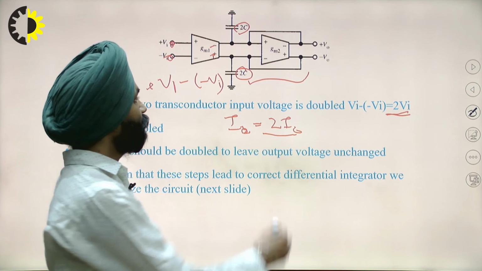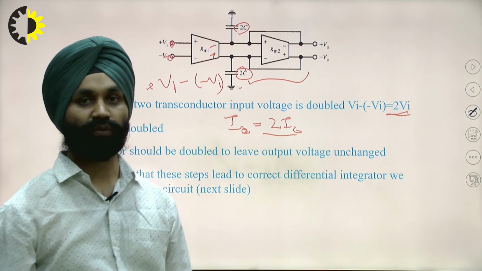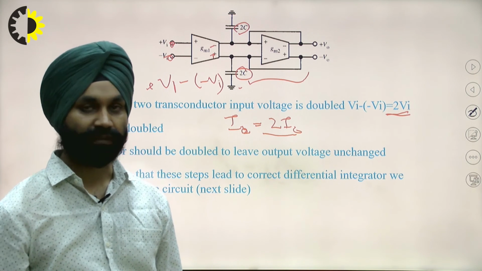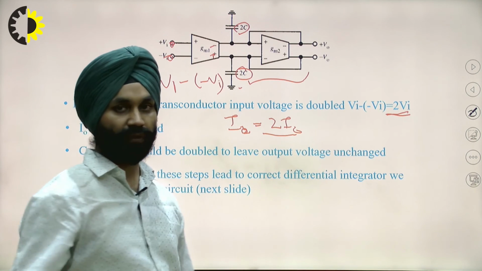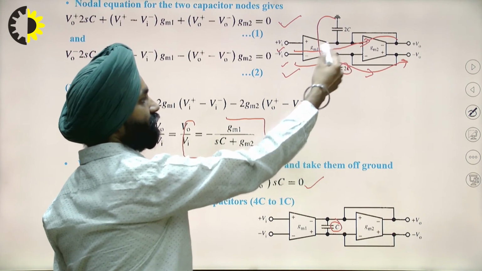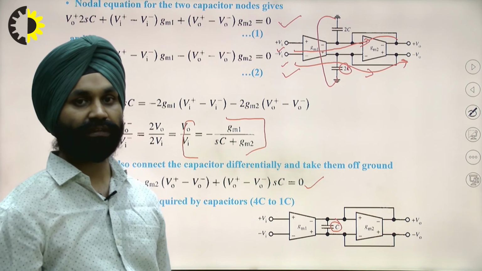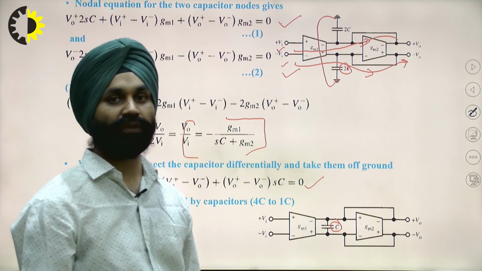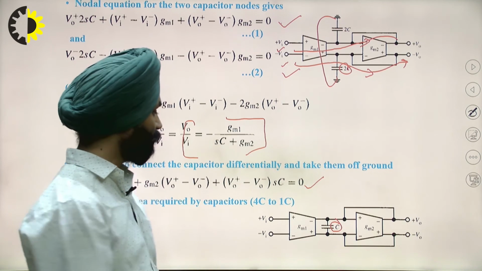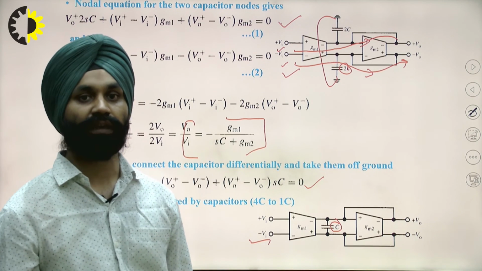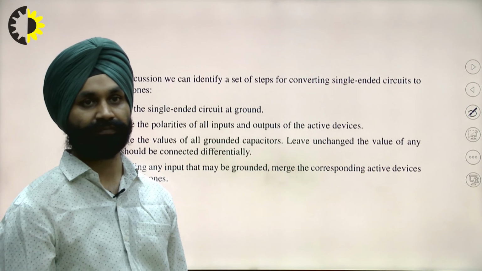Then we have taken twice the capacitance to eliminate the effect of twice the current and twice the voltages. Then we have reduced the capacitor to C by connecting the two grounded terminals to each other. So this will make our circuit for the differential mode integrator.